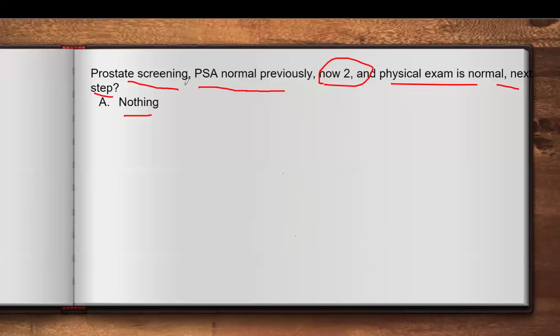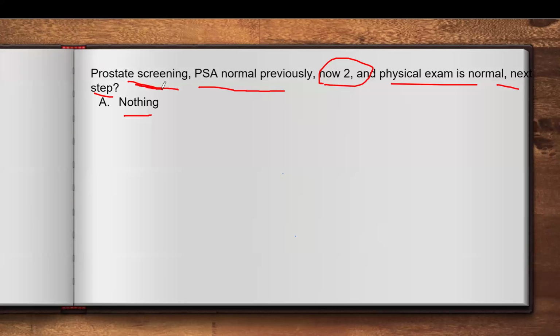The data shows that 50% of 50-year-old males have prostate cancer, 60% of 60-year-old men, similarly 70% of 70-year-old men, and 90% of men who are 90 years old have a chance of having prostate cancer.